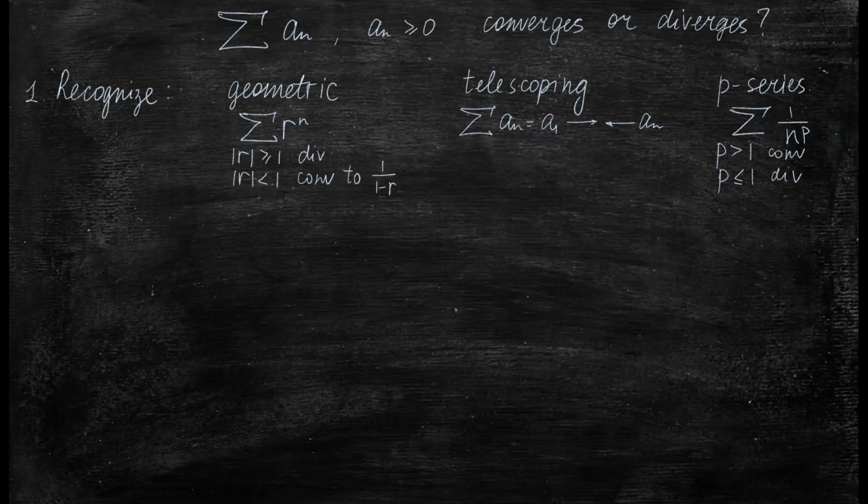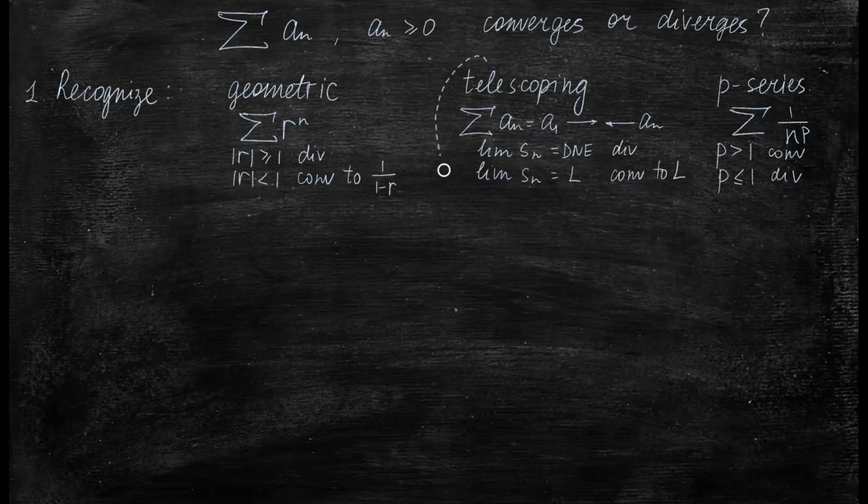Now, the telescoping series is a little different, so again, it's really hard to summarize all possible behaviors there, but the idea is that instead of looking at the series, we're going to be looking at the partial sum and at the limit, and if that limit does not exist, then the original series diverges, and if that limit does exist, then the original series converges to that exact limit.